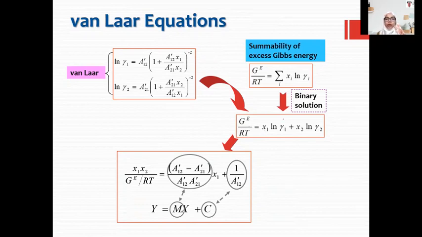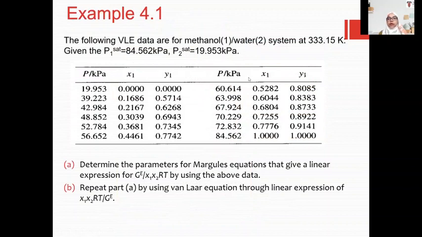Once you insert this expression into the Van Laar equation, it gives a linear equation as well, to obtain this term and also the intercept in obtaining the values of A prime for components 1 and 2. I think maybe we can take a look at the example.